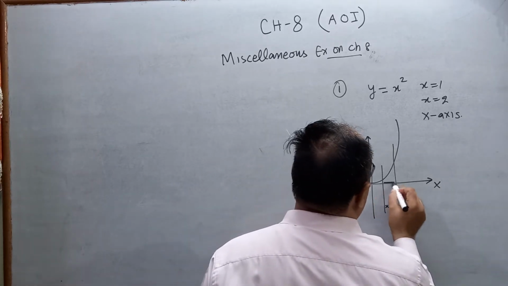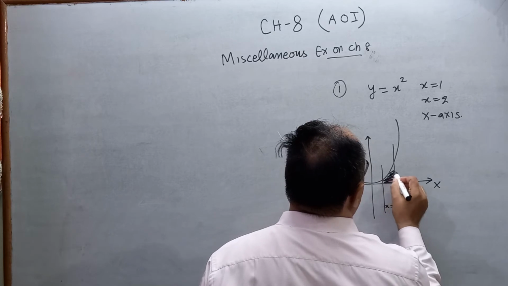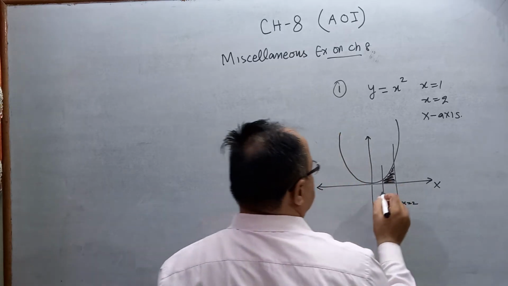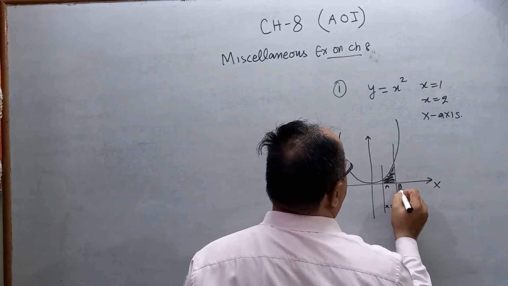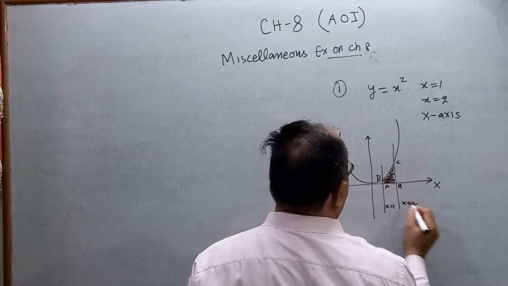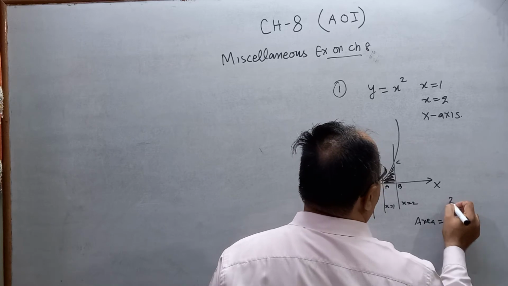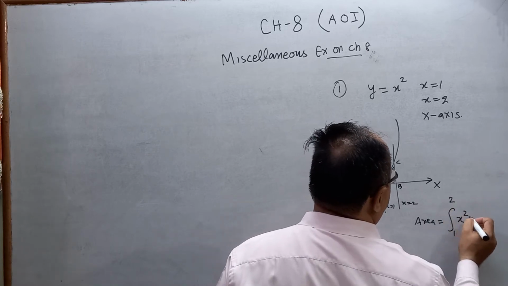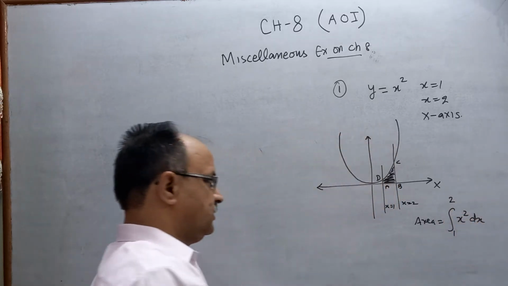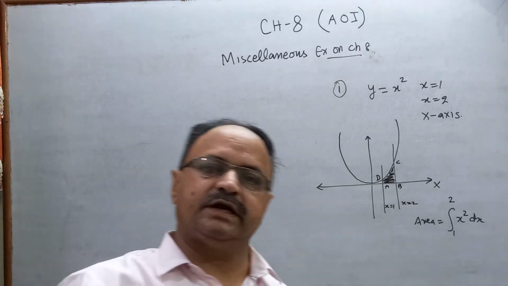It means you want to find this portion, A, B, C, D. So required area is limit 1 to 2, x square dx. Correct?